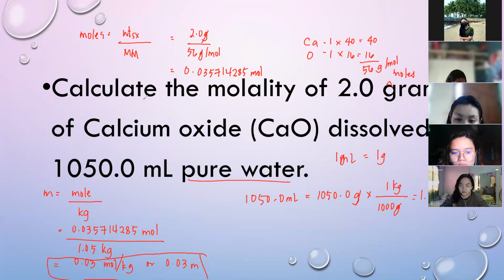So this is now the concentration of the prepared calcium oxide solution. It's 0.03 molal. We call that molal ha. Pag capital letter M, molar. And then ito 0.03 molal. That's the concentration of the 2.0 grams calcium oxide dissolved in 1050 ml of pure water.